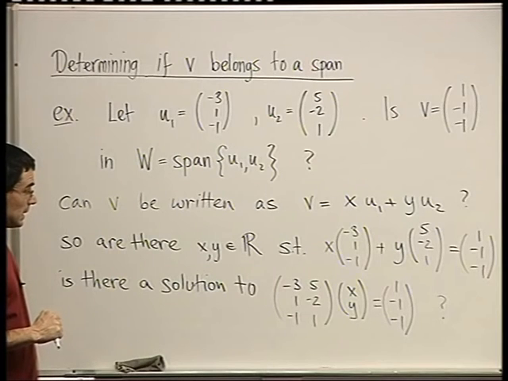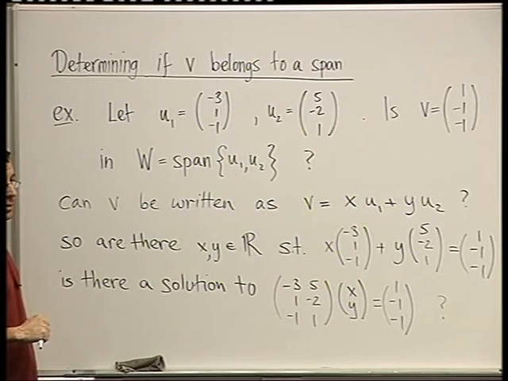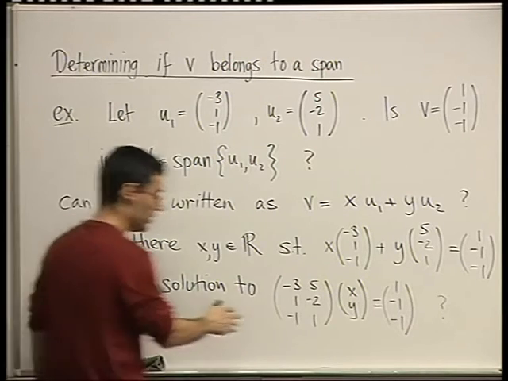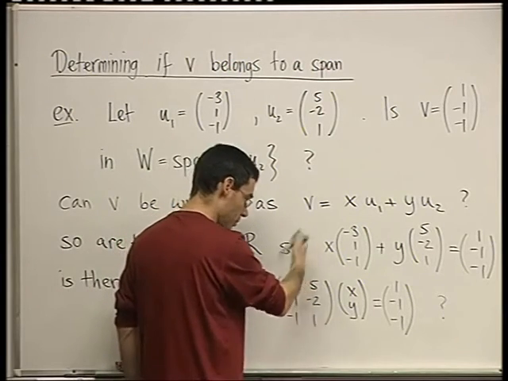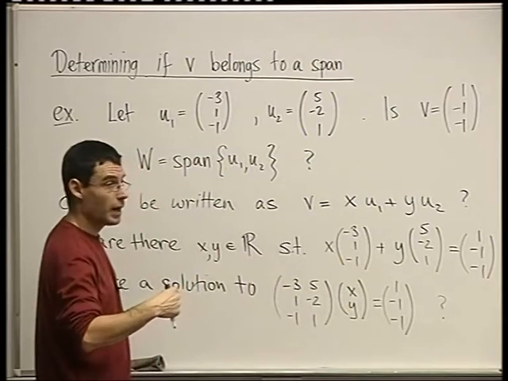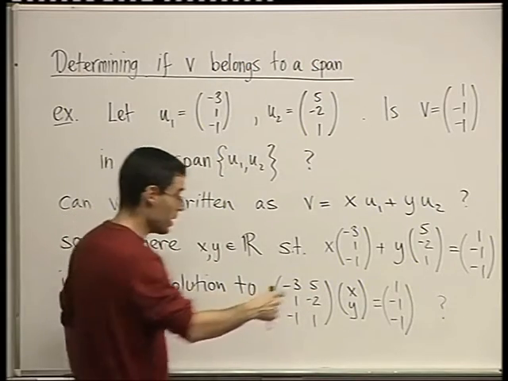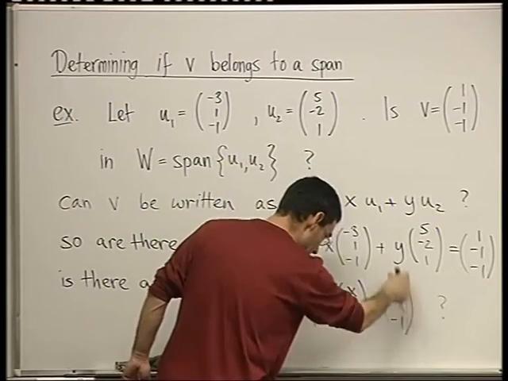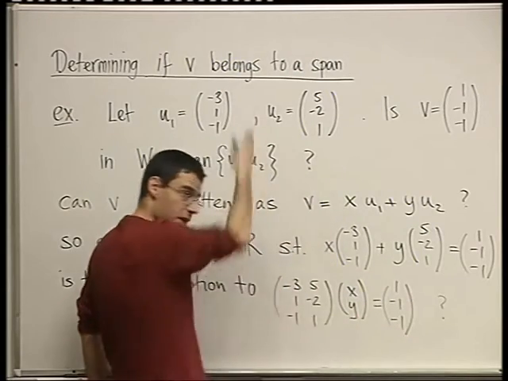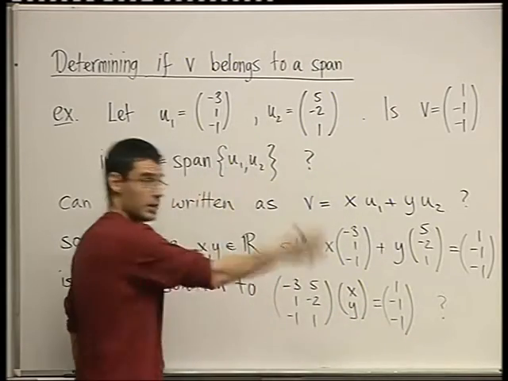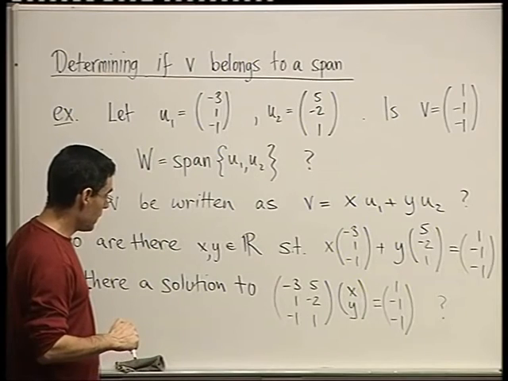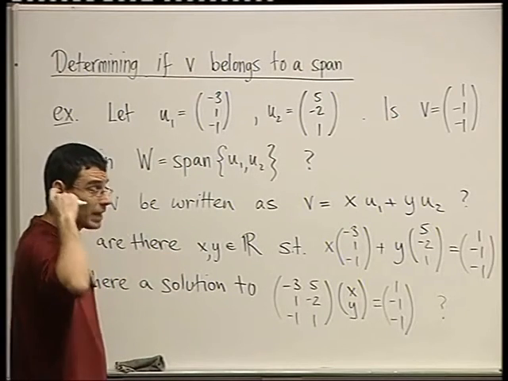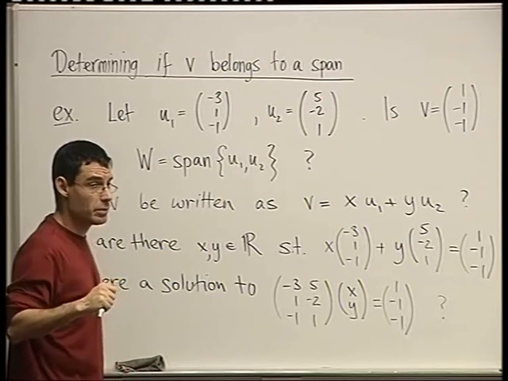And we know how to solve a system of equations. How do we solve a system of equations? We write what we call the augmented matrix. We take this vector b, write it here with a vertical line, and start doing elementary row operations. Remember?